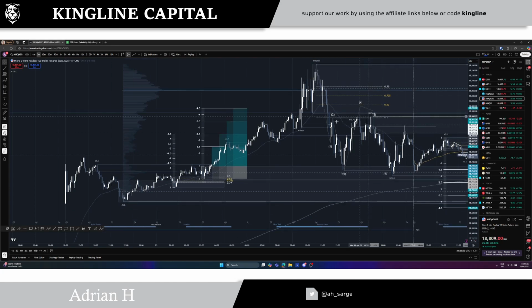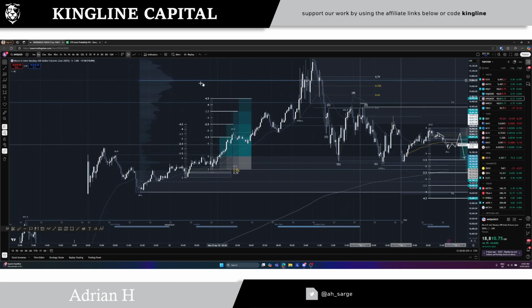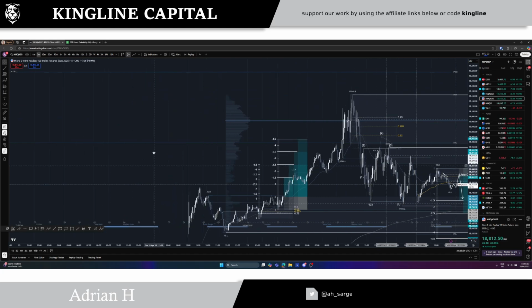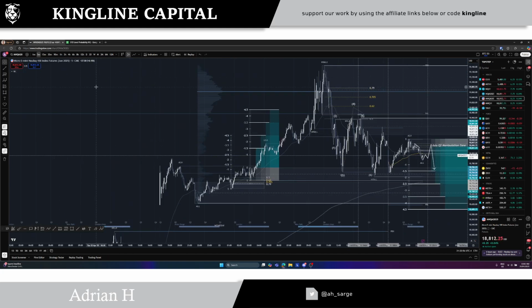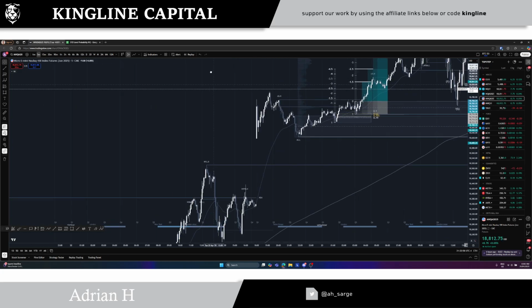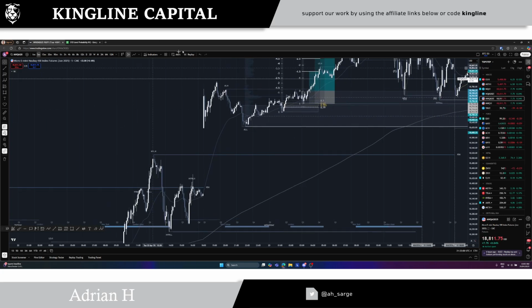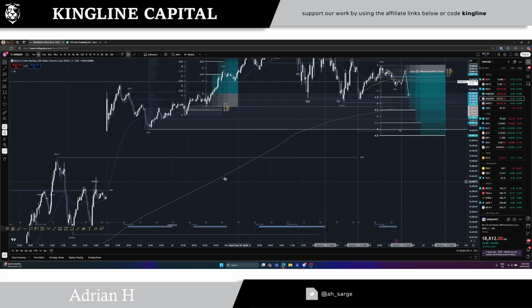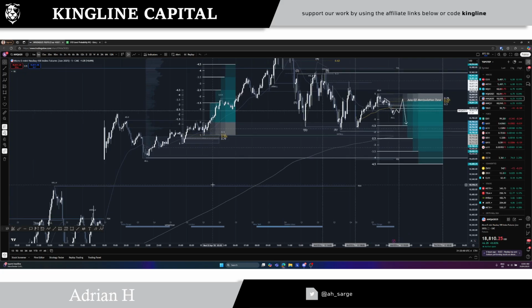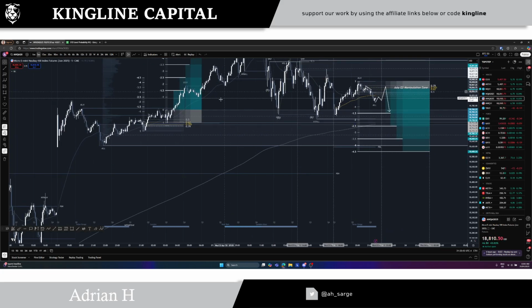The tricky part is when trending like this and you don't have that data from the previous day on the left, which is what I prefer, right? Like if we come up and then we come down into London, then you have all of the data of the swings on the way down, and we can use those levels to target with the standard deviation levels for coming higher.